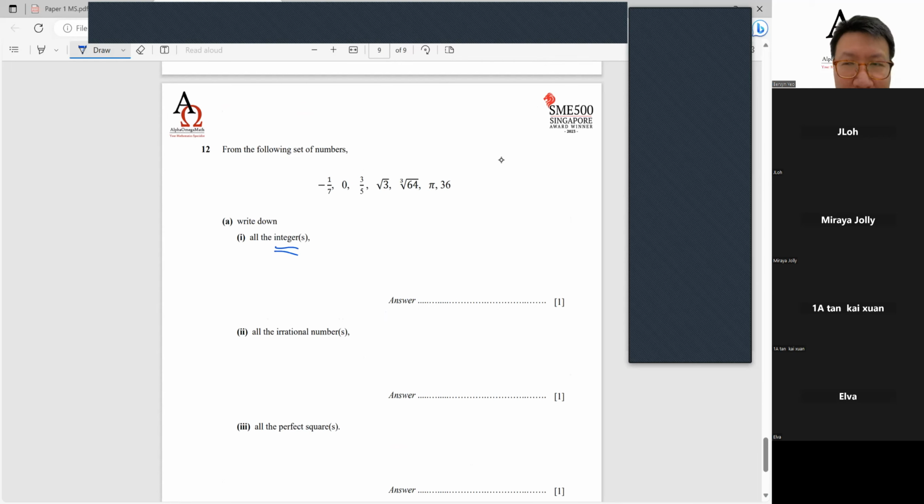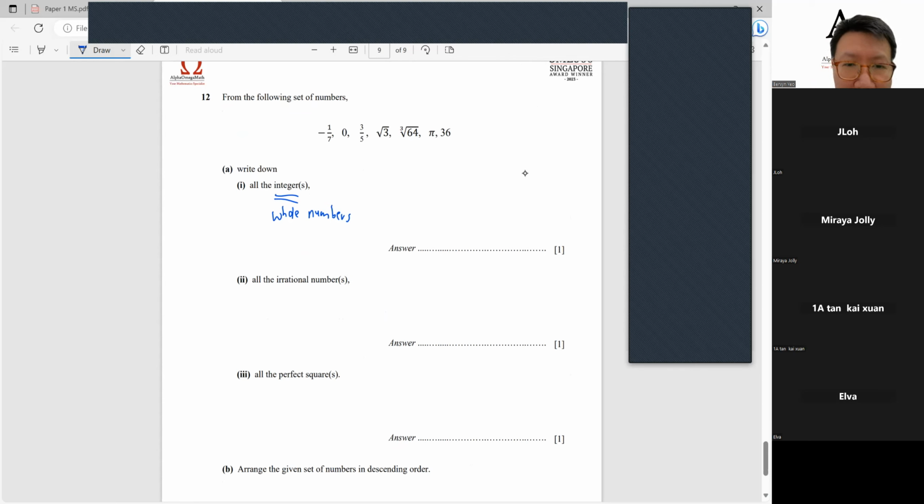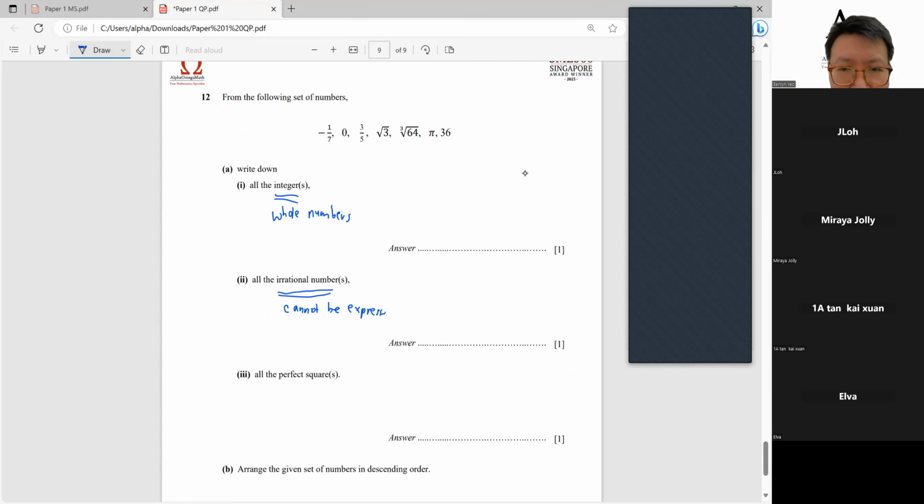Integers, what are they? They are whole numbers. Okay, whole numbers. These are integers. Irrational numbers. These are numbers that cannot be expressed as fractions.